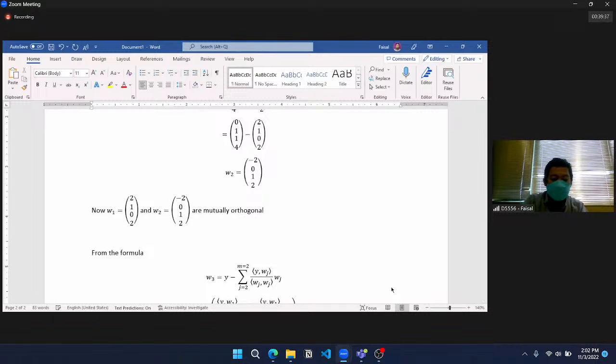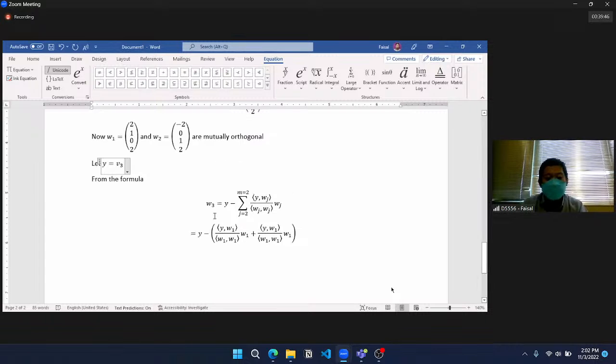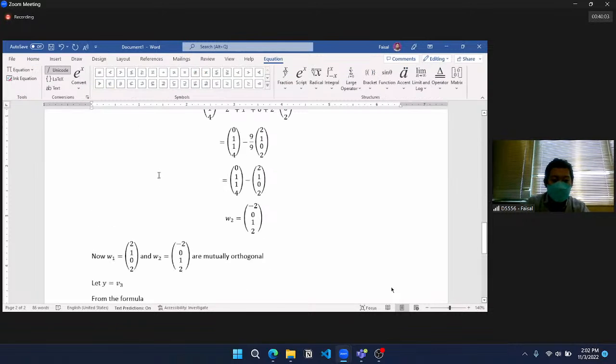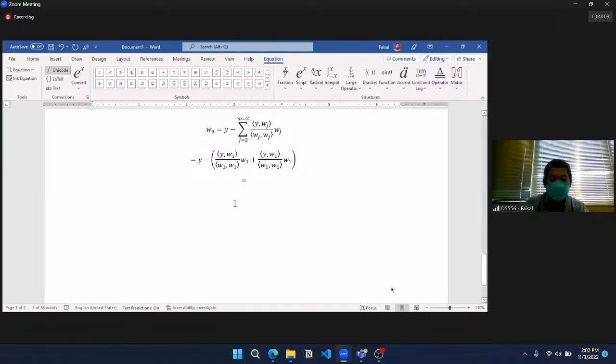Okay, now let Y be P3. Y is P3 and W3 is this one, and we compute W3. Sorry, Y is P3. P3 is this. Okay, minus. This is the sum of two terms.